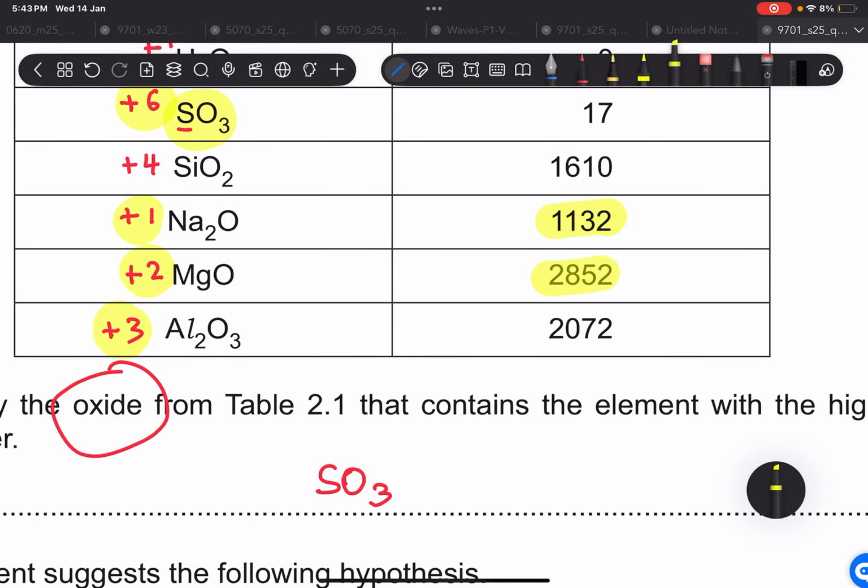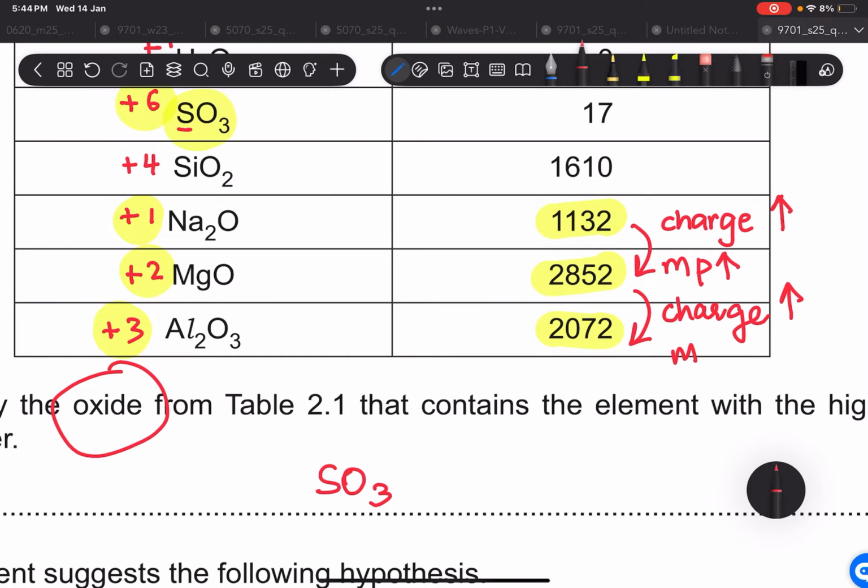From this to this there's an increase, but from this to this there's a decrease. So I don't think charge determines it. You can see that it's going from a positive 1 to a positive 2. Charge increases, and your melting point is also increasing. But over here the charge again increases, from positive 2 to a positive 3, but your melting point is decreasing.